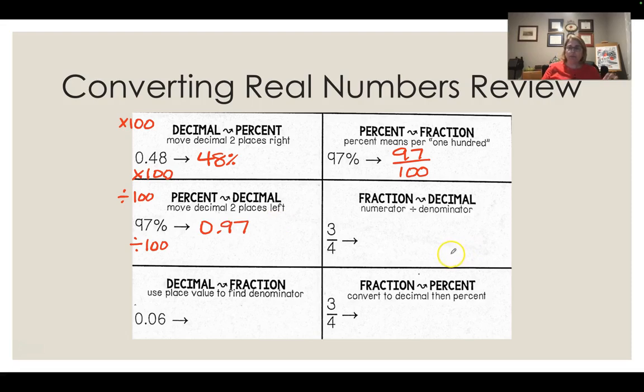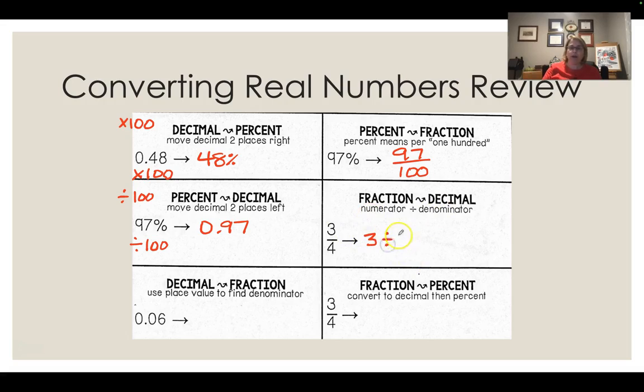Now, last year when you were doing this for the next one, from fraction to a decimal, you would have had to have used long division. But now that we're in 8th grade, we are allowed to use a calculator. We just need to know which one goes into the calculator first. So it is the numerator divided by the denominator. That means I would type 3 into my calculator first.